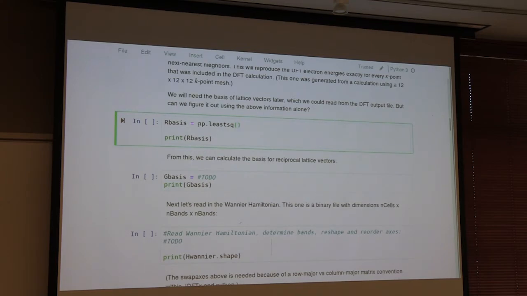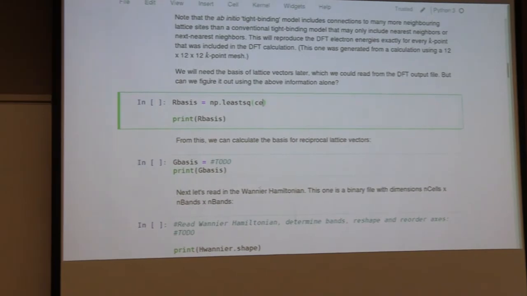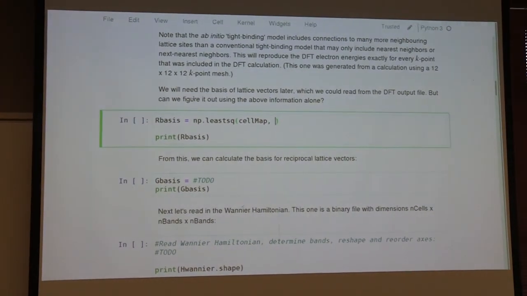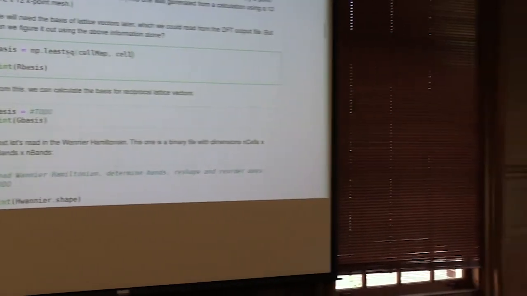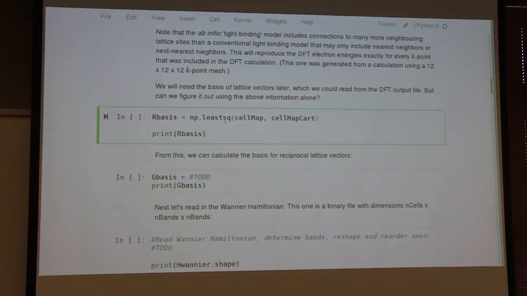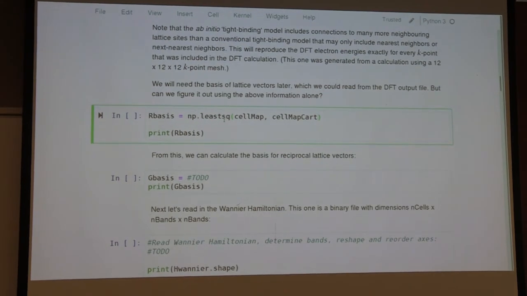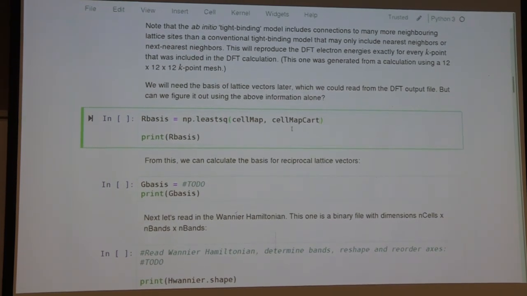So we are trying to invert the first, we are trying to invert the integer matrix, which is cell map, and then we are basically trying to multiply the inverse of cell map with each column of the Cartesian cell map, and that should give us the basis vectors, right? And this least squares function in NumPy automatically handles multiple right-hand sides.